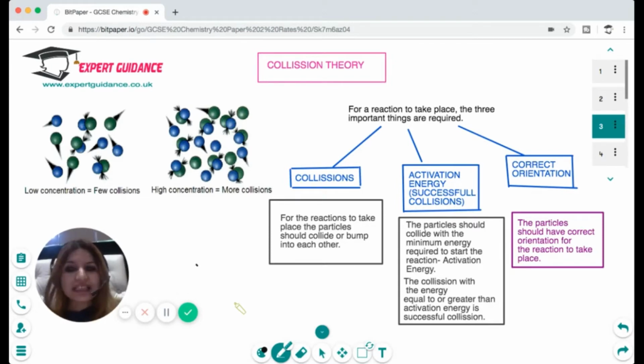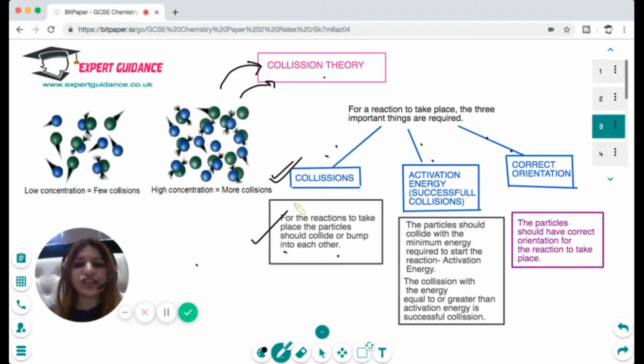So the factors that affect rate of reaction can be explained with the help of collision theory. Now, remember, it's very important because for any factor that is affecting rate of reaction, in the exam, you need to answer about the collision theory. So collision theory has three parts. It says that for a reaction to take place, we require collision, and the particles should collide for the reaction to take place.